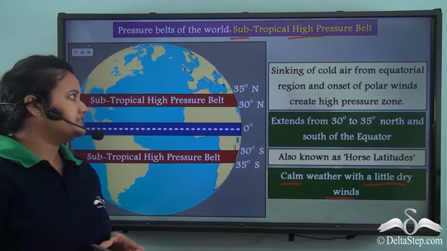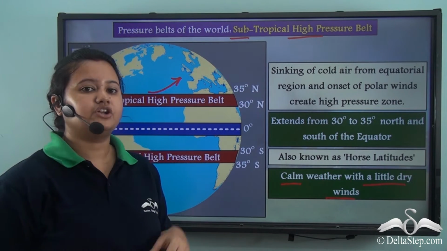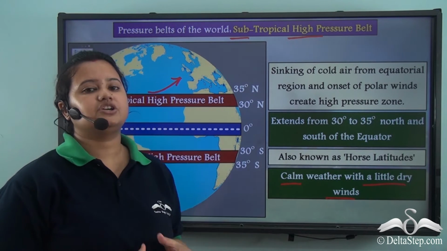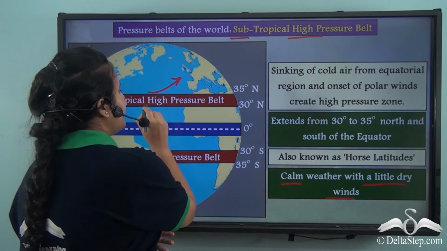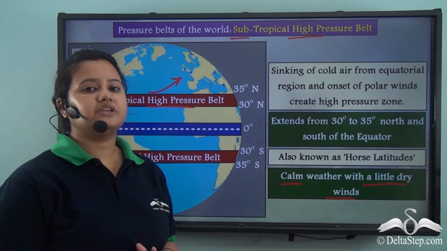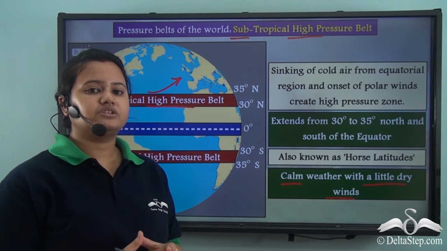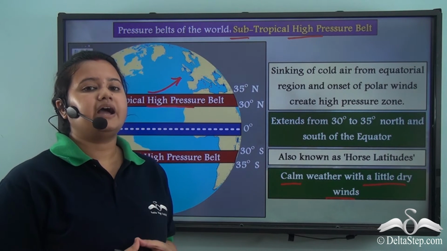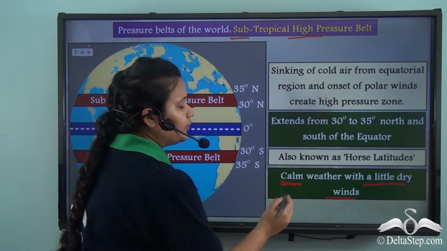So, the winds generally move away from this region towards the low pressure region. And due to this reason, subtropical high pressure belt usually experiences calm and quiet weather.